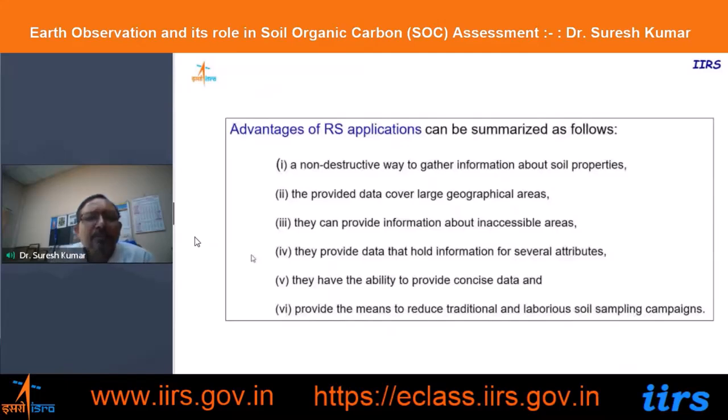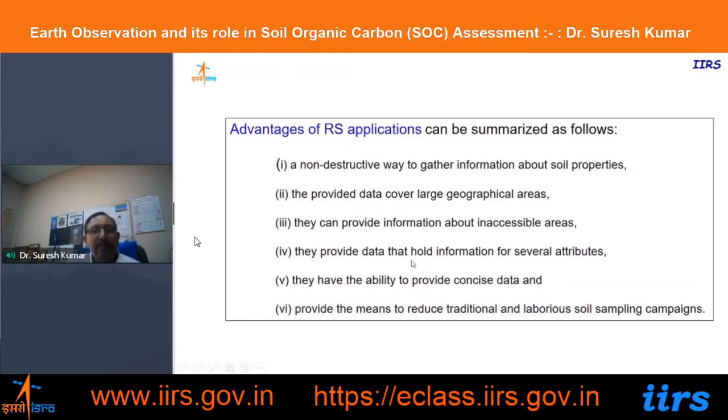The advantage of remote sensing applications is that it is a non-destructive method to collect information about soil properties. It provides large coverage, so you can get a large area to visualize. They can provide information about inaccessible areas. Many areas are sometimes inaccessible, so in those areas also soil property maps can be generated.